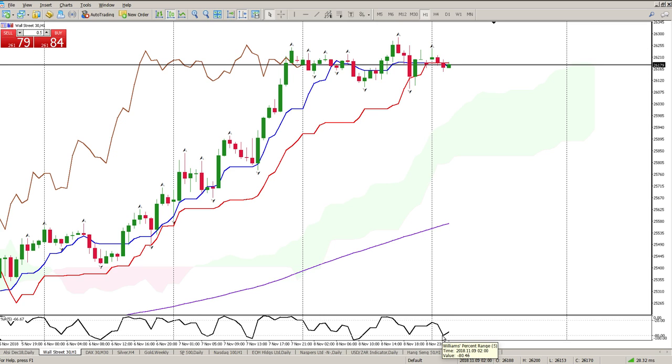It's also not at the negative 20 and negative 80. I want to see it way below the negative 80, like it was over here, which would indicate for me a move to the upside. So at this stage, there's nothing in this.